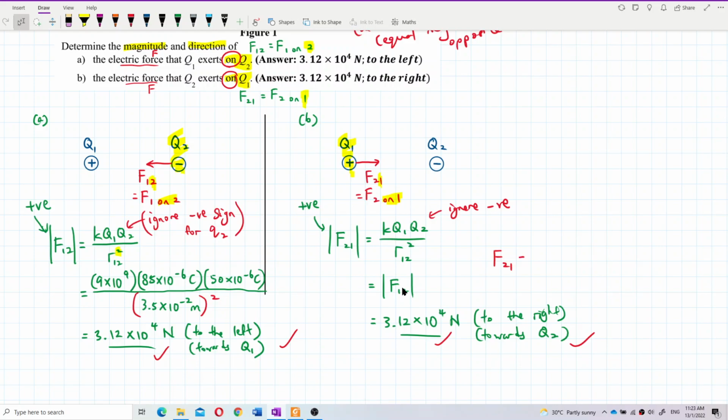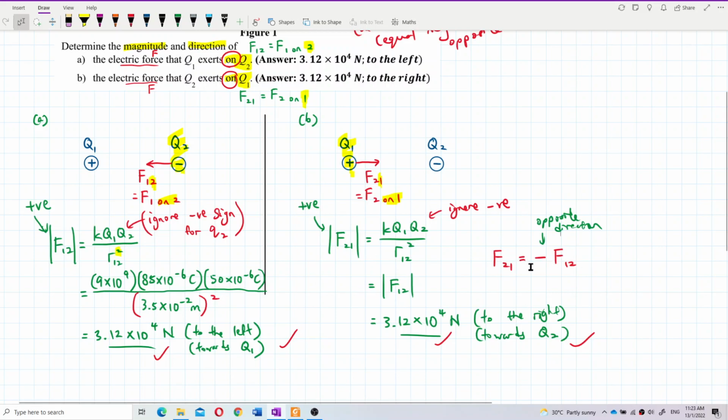So I can write it like this, with a negative. Negative means opposite direction. In terms of magnitude they are equal, but in terms of direction they are opposite. That's why I have a negative sign to show the opposite direction between these two.